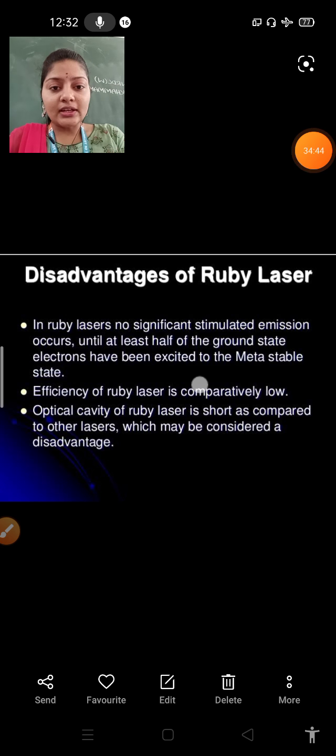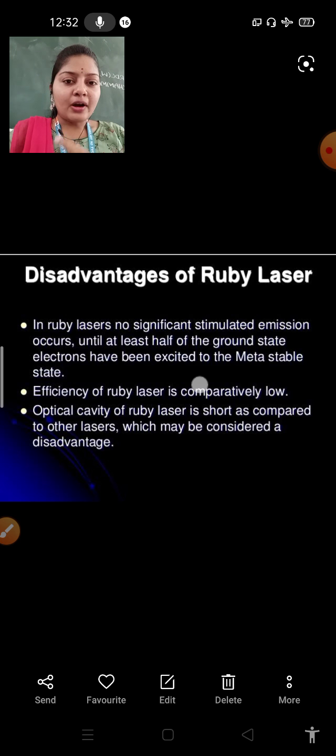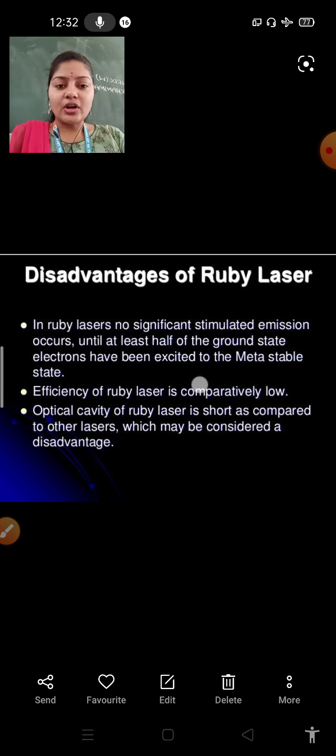One more point is that to move the atoms from the ground state to the excited state, high power pumping is involved, and it is very costly to pump the atoms from the ground state to the excited state. Those are the disadvantages of the ruby laser.